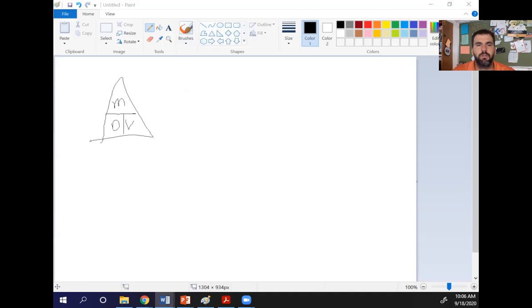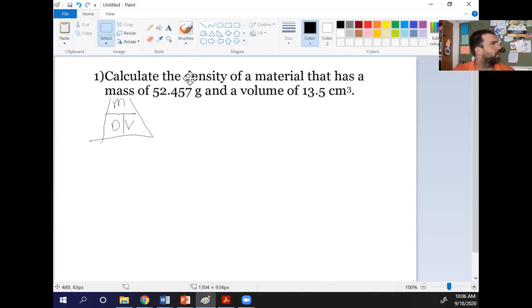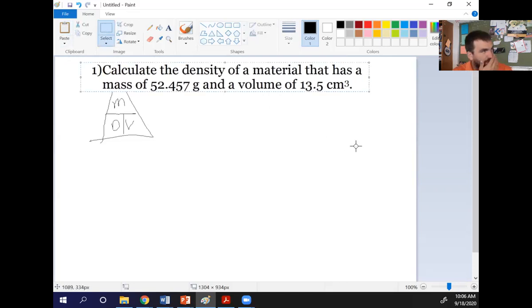So our first question here. Calculate the density of a material that has a mass of 52.457 grams and a volume of 13.5 centimeters cubed. So what am I looking for? Mass, density, or volume?